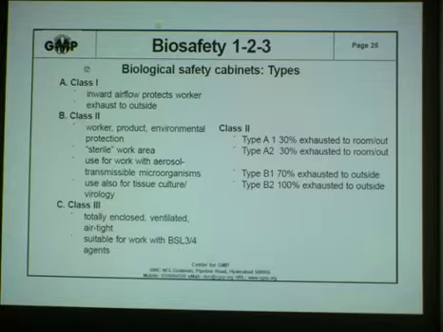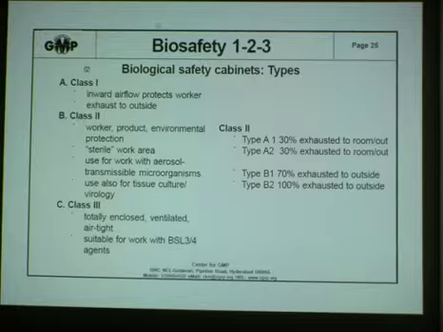Class 2 biosafety cabinets, the worker, the product, the environment are all protected. It offers you a sterile work area, a bioclean work area. Its use can range from simple tissue culture to extremely dangerous virological manipulations.